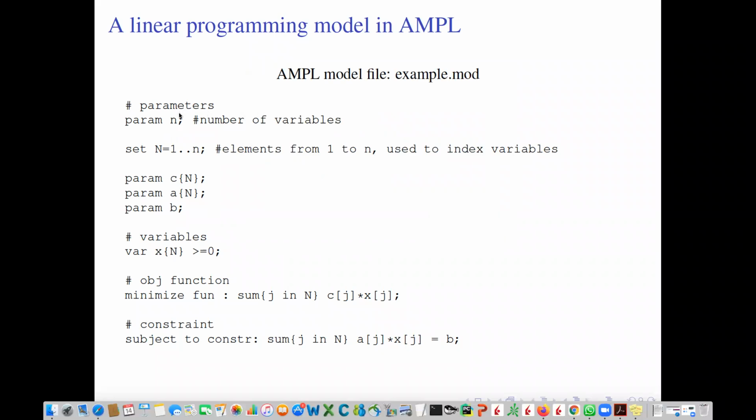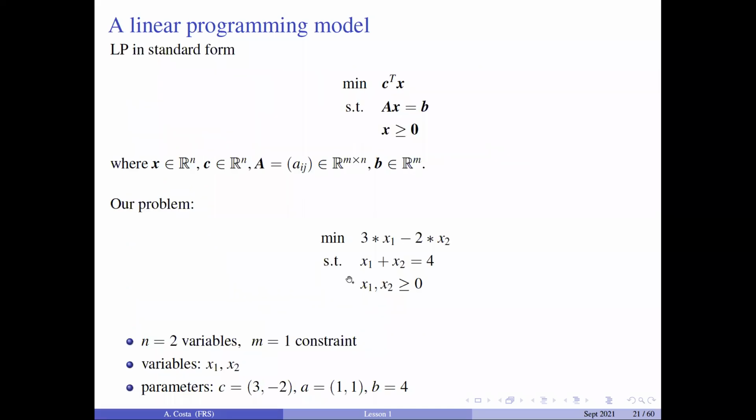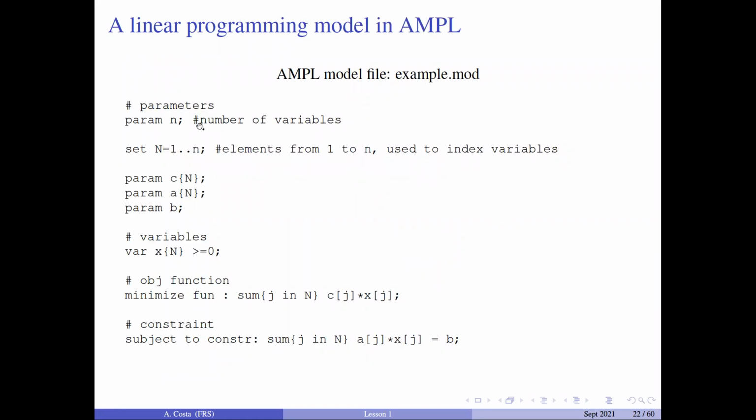Okay, so even if you don't specify the numbers here, you still need to declare the parameter, because the model needs to know that there is a parameter, right? The value may be specified later, but at this stage, when you write the model, you need to specify that there is a parameter. So let's say there is a parameter n, that is the number of variables. So we have two variables, right? X1 and X2. So n is equal to 2 later.